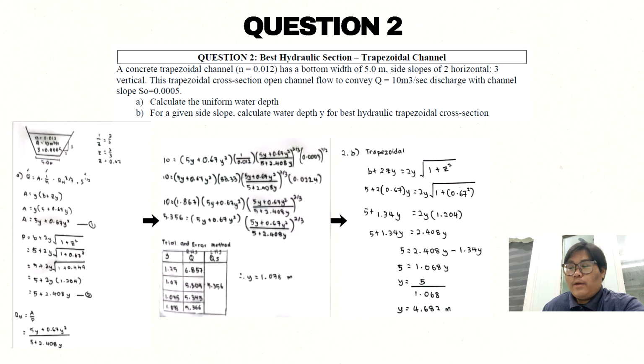After that, you have to find P, that is b plus 2y square root of 1 plus z square. Insert the b and z, so you will get 5 plus 2y square root of 1 plus 0.67 square, and that will become 5 plus 2y square root of 1 plus 0.449.